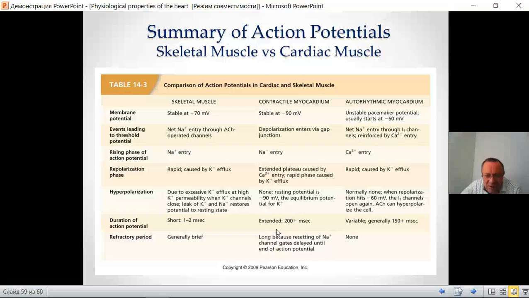For cardiac muscles, there is an extended plateau with movement of calcium ions and potassium ions. This is the last information about differences between skeletal muscles and cardiac muscles in the action potential.